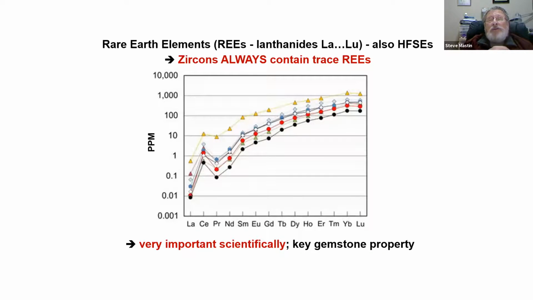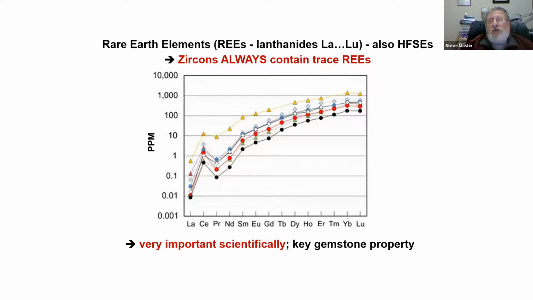Now, the other elements that are in this HFSE category are the rare earth elements, the lanthanides, from lanthanum to lutetium, all 14 of them. And so they're in that same pot along with zirconium and silicate. And so zircons always contain traces of all of these other rare earth elements as well.